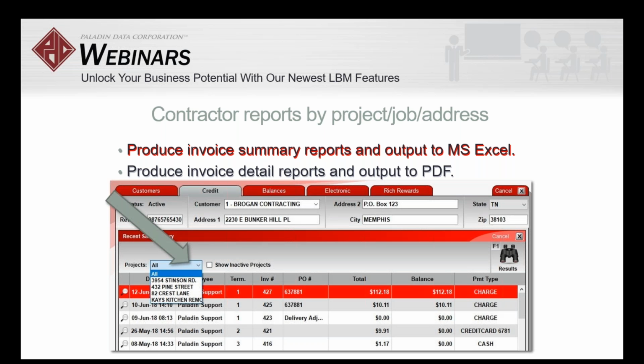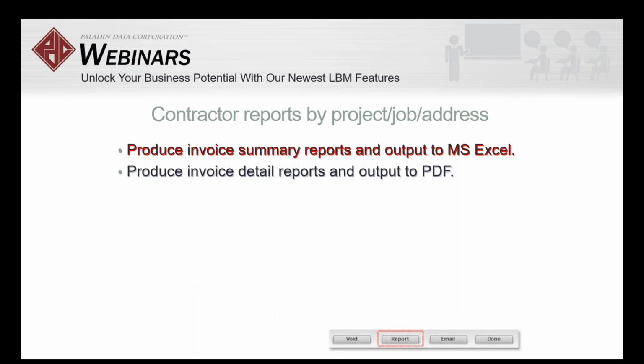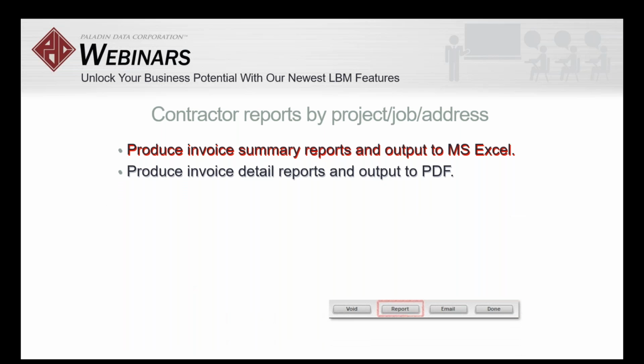Then you can select a project. Based on the project, it's going to put it in the project order and enable you to generate a report. So when you hit the report button at the bottom of the screen, which you see here, it will produce an Excel spreadsheet, and then you can provide that information to your customer.